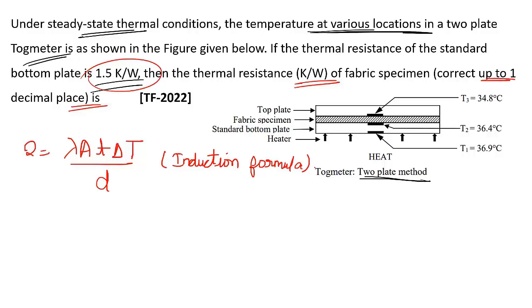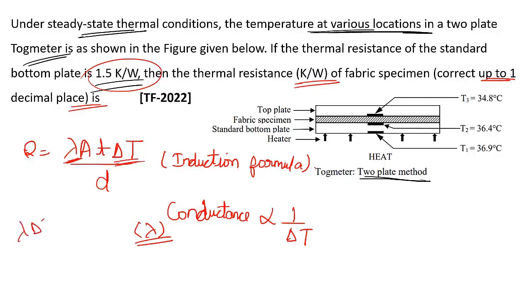Taking all other things as constant, conductance is inversely proportional to delta T, because lambda is the conductance.